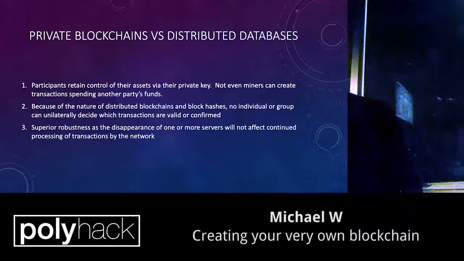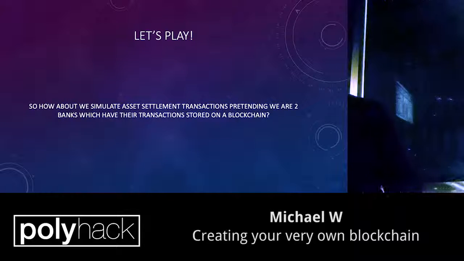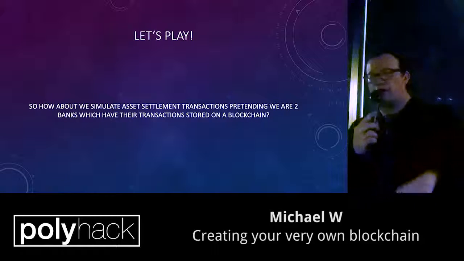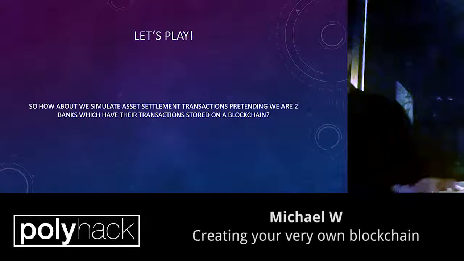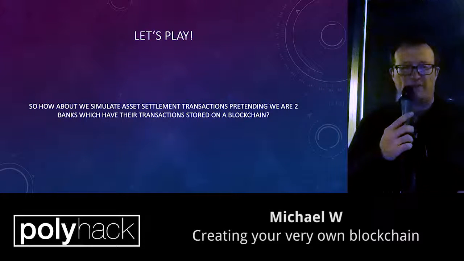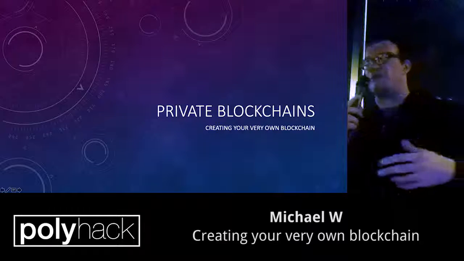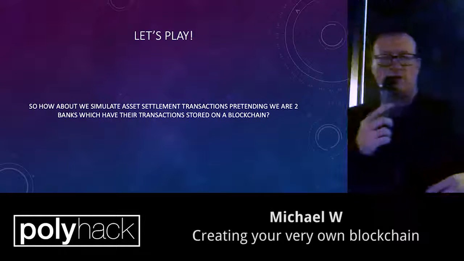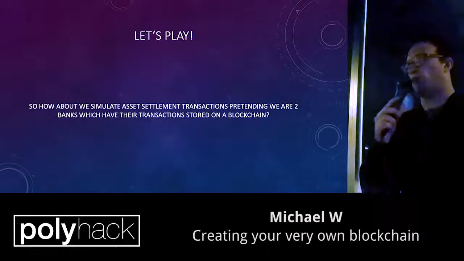So now, after having me talking, I have a little demo for you guys. We're going to simulate asset settlement transactions, pretending we're two banks which have their transactions stored on a blockchain.